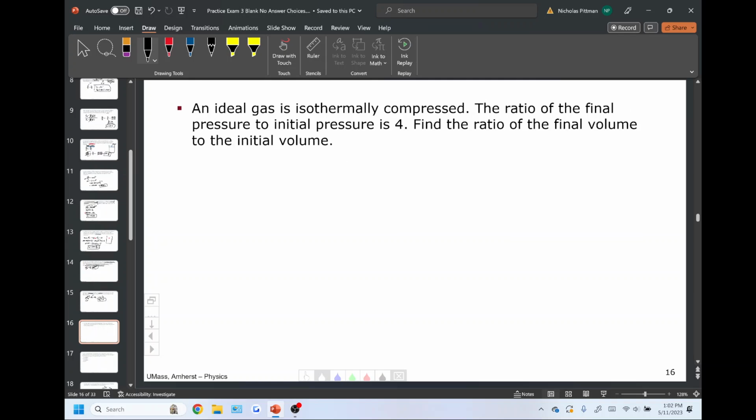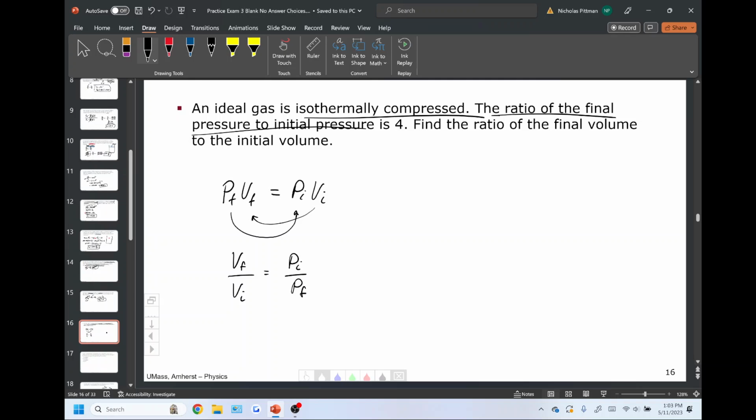Okay, we talk about ratios here and an isothermal compression, which tells us that probably Boyle's law is the way to go. P final V final equals P initial V initial. We're asked about the ratio of V final to V initial, so I'm going to move V initial to one side, and I'm going to divide P final over to the other side, being very careful not to flip letters.